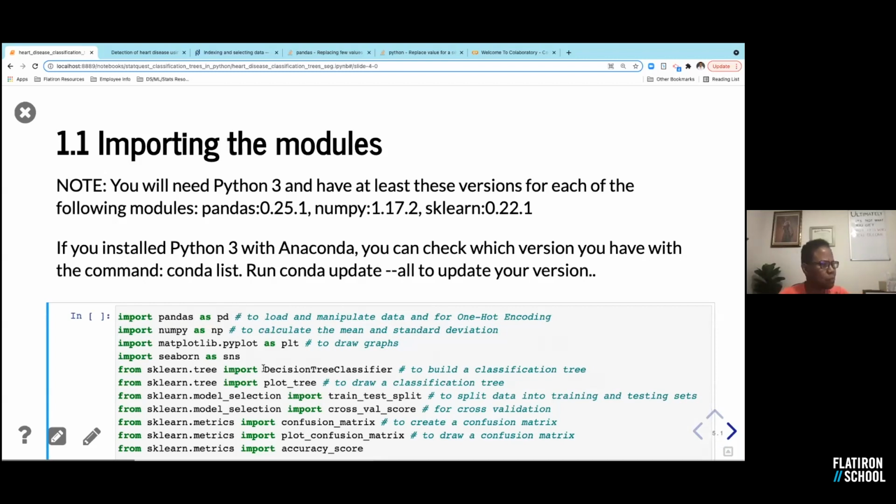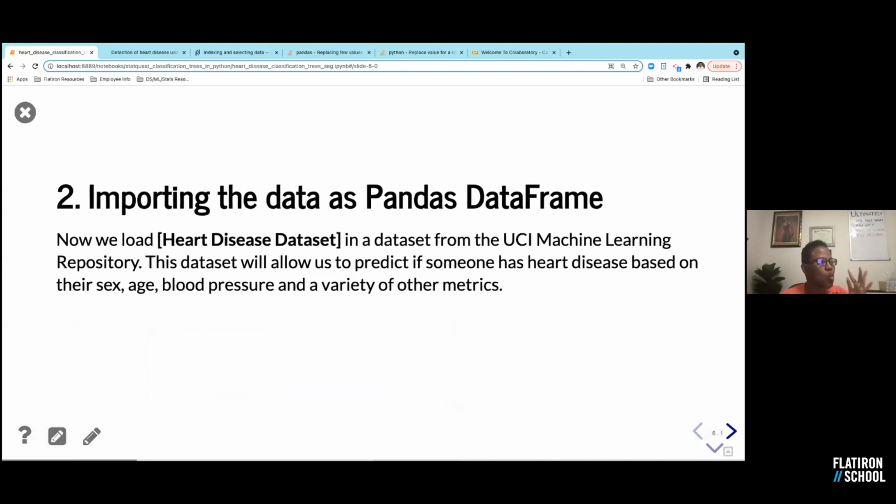I probably have more modules than I need right now because I tried to simplify the model, but it doesn't hurt to import the modules into your Python notebook first. So once you have imported the modules, now you can import the data.